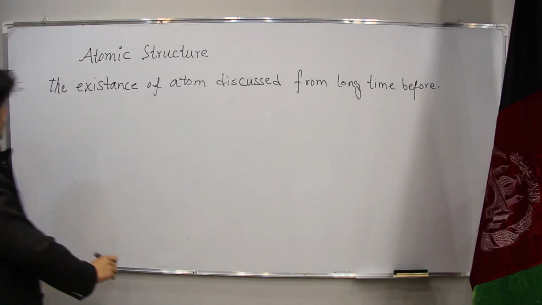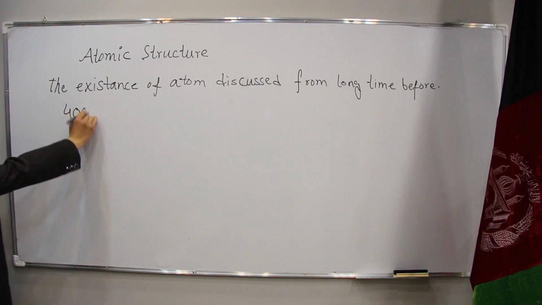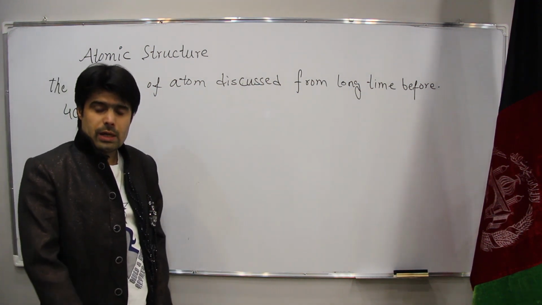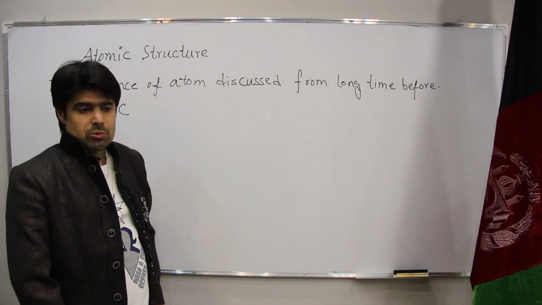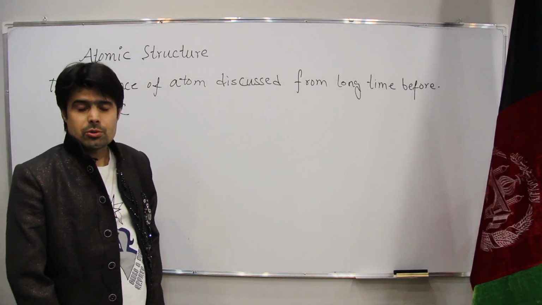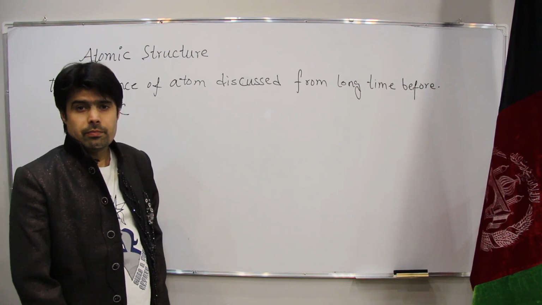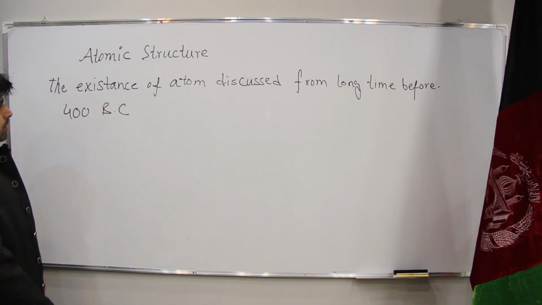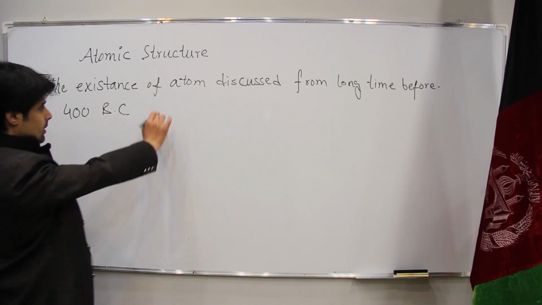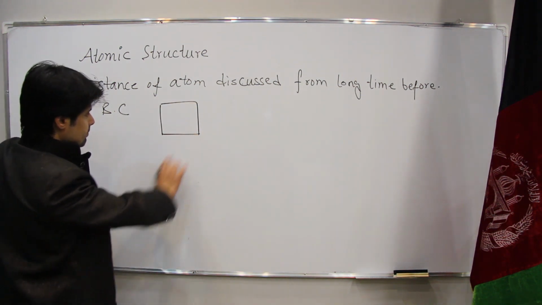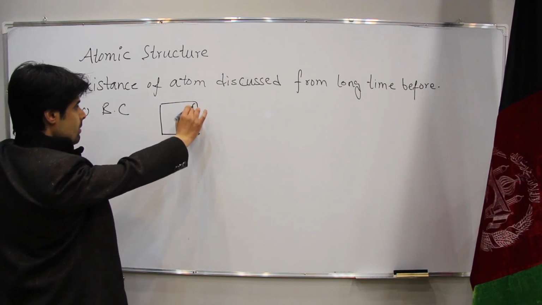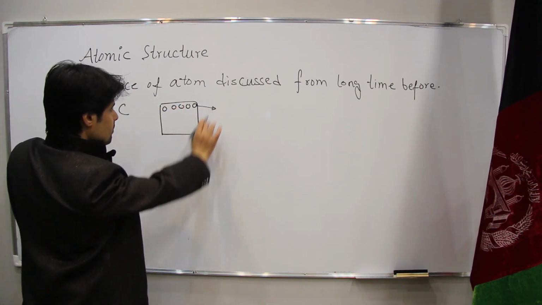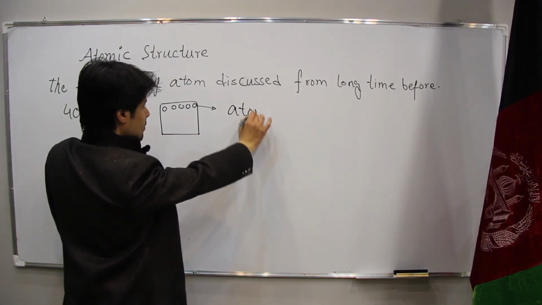I think in 400 BC, it means 400 years before Christ. From today, maybe 2420 years before. The scientists discussed that this matter is made of small particles, and this small particle is called atom.